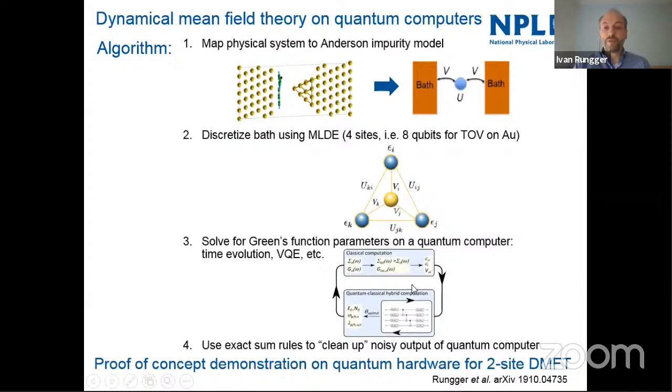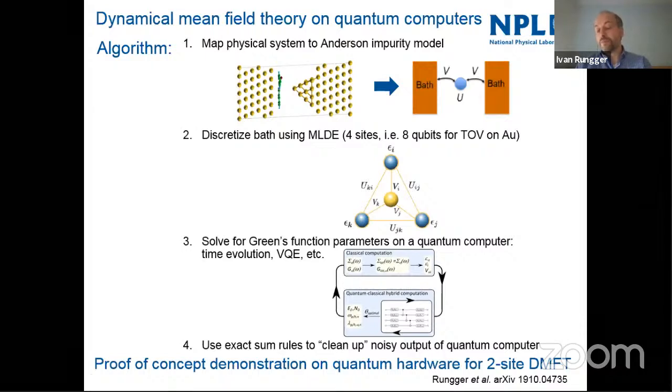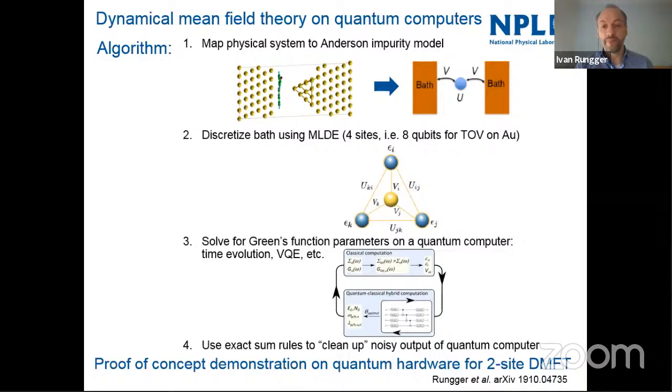And then the next step is to solve for the Green's function parameters on a quantum computer. One can use VQE, as I showed today. One can use time evolution or maybe other things that we're investigating. But the key is that because this is 8 qubits, we expect that the circuit ansatz for the ground state wave function should all be within reach, so that we can actually do it in practice.